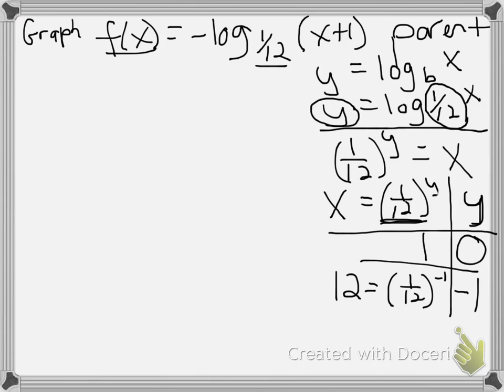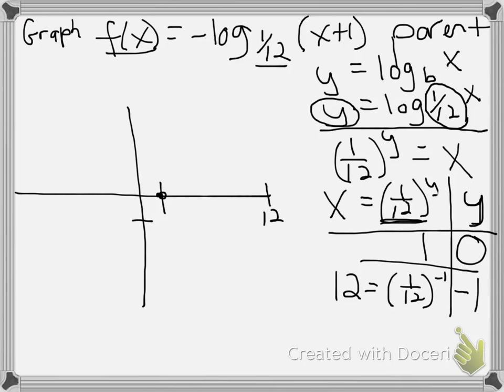So first, let's go and let's graph this parent. Okay, we would like to graph 1, 0, which is right here. And then we're going to graph 12. Our x is 12, so that's all the way out here somewhere. And then our y is -1. So we're over here.